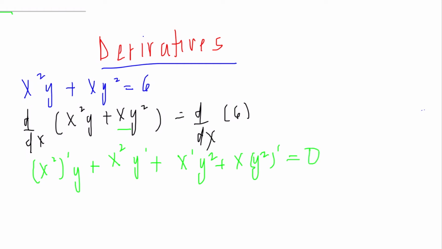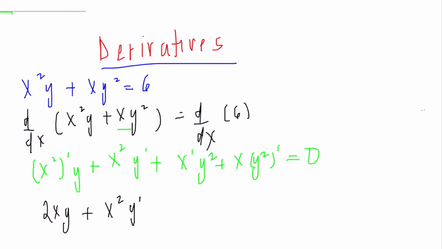Now let's find the answers of those derivatives. The derivative of x squared is going to be 2x, and then we multiply it with y, then we add this x squared here, just keeping it. The derivative of y with respect to x is just going to be y prime, right?